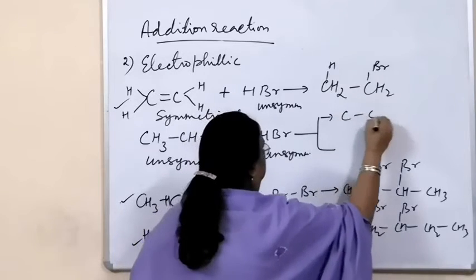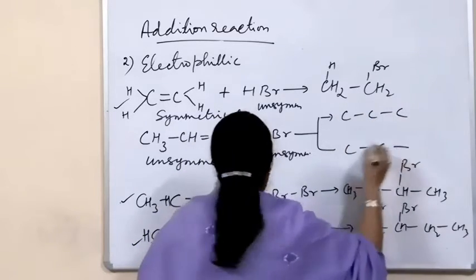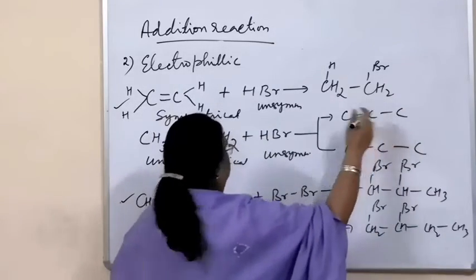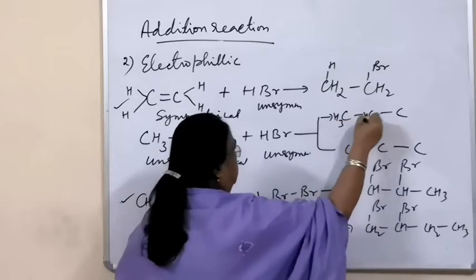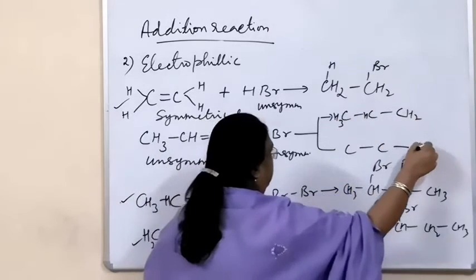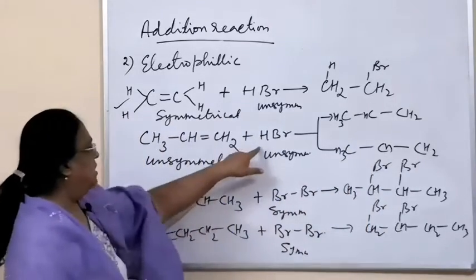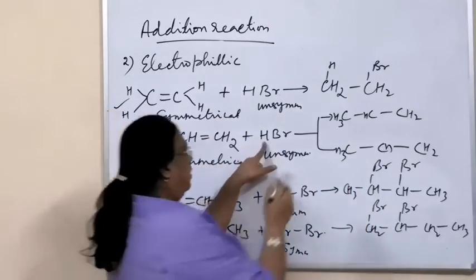One is this: 1, 2, 3, 1, 2, 3, and double bond is turned to single, and so the remaining hydrogen let me insert, and this is CH3. So when HBr is attacking, the possibility is what?